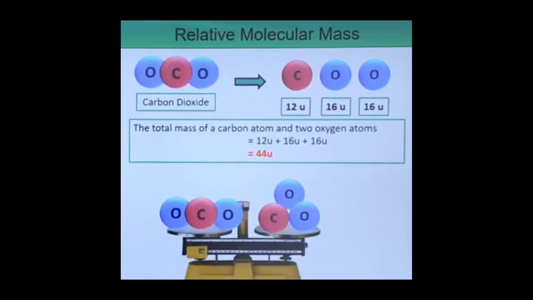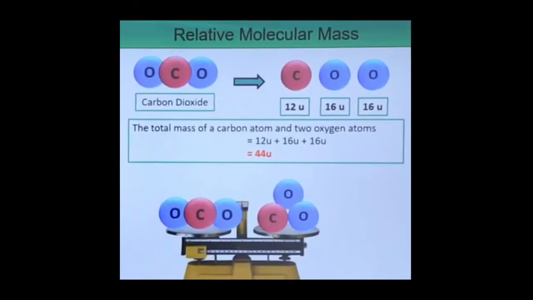Now, let's find the sum of the masses of one carbon atom and two oxygen atoms, that is 12 U plus 16 U plus 16 U, which is equal to 44 U. This 44 U is the mass of the whole carbon dioxide molecule.